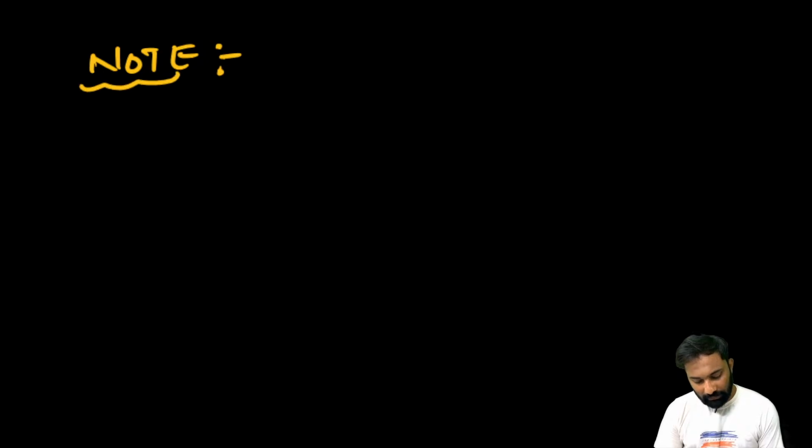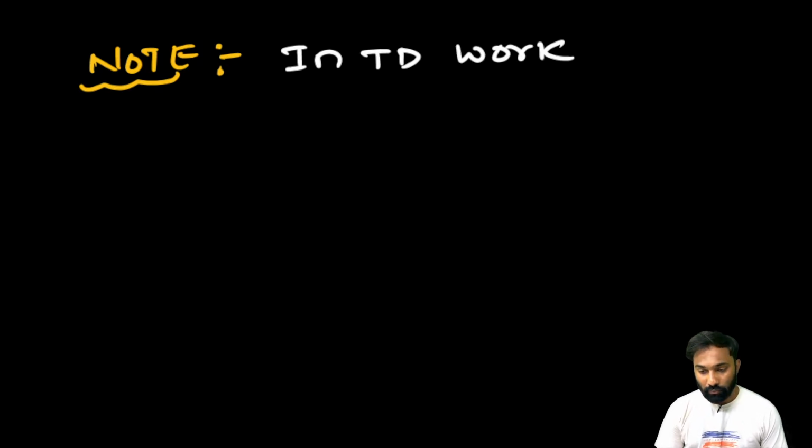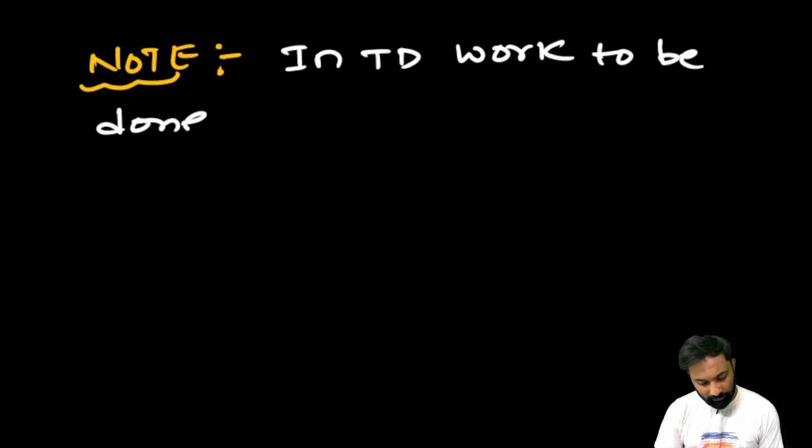Now in thermodynamics, work to be done. Clear? In TD, work to be done. So sir, what is the meaning of the work and why has it come? Actually in our thermodynamics, if I use the term energy, that energy may change in thermodynamics either through work or through heat.